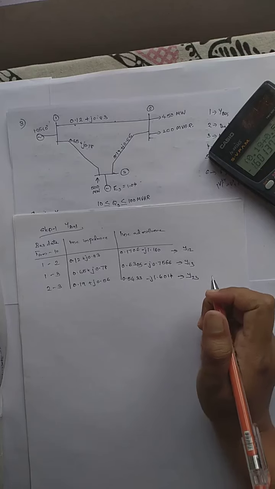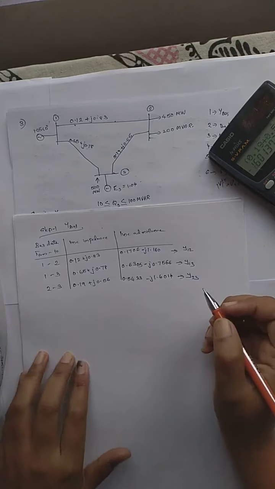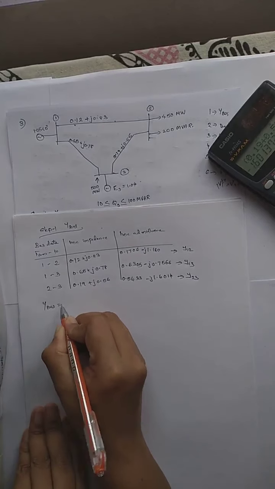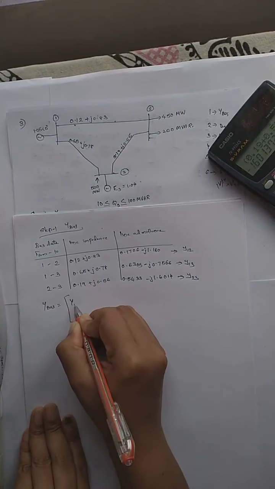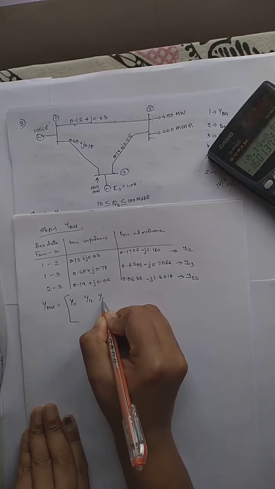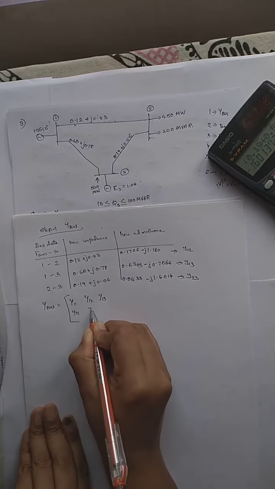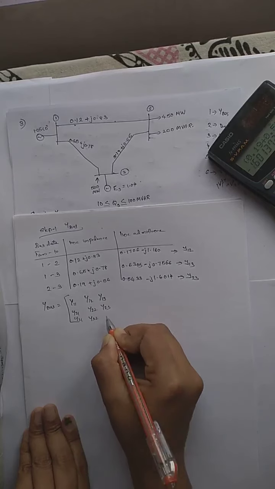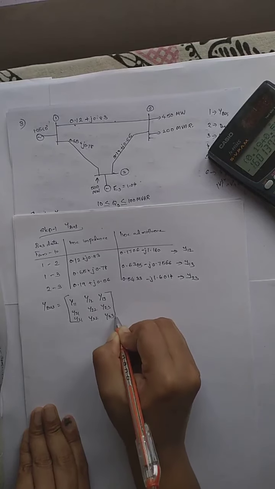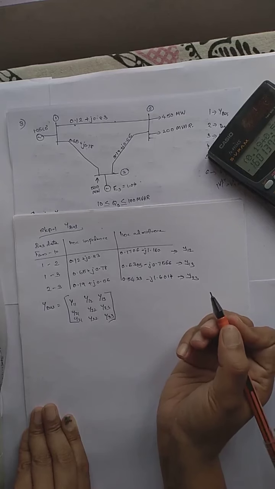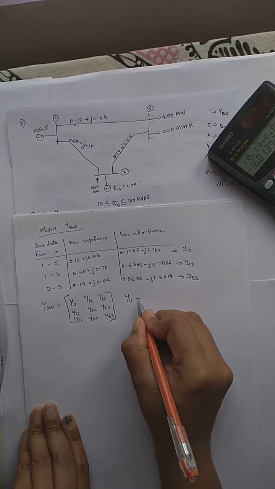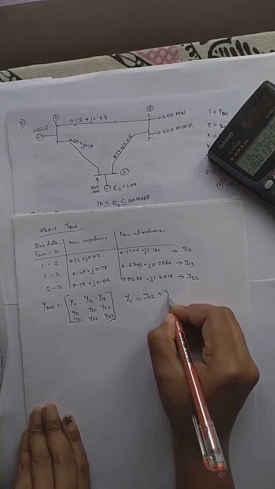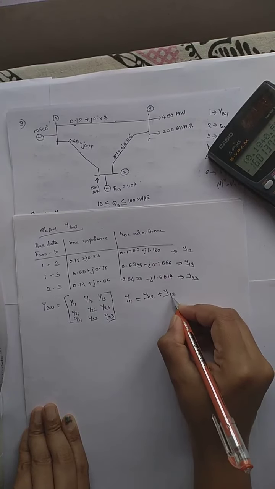Now we have to find our Y bus. This is a 3 bus system, so my Y bus will be Y11, Y12, Y13, Y21, Y22, Y23, Y31, Y32, Y33. Y11 is the sum of all admittances connected to bus 1, so Y12 plus Y13.